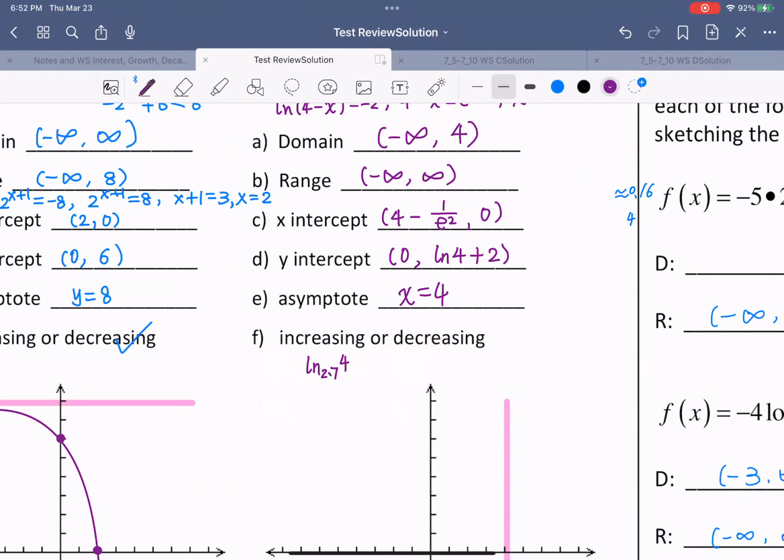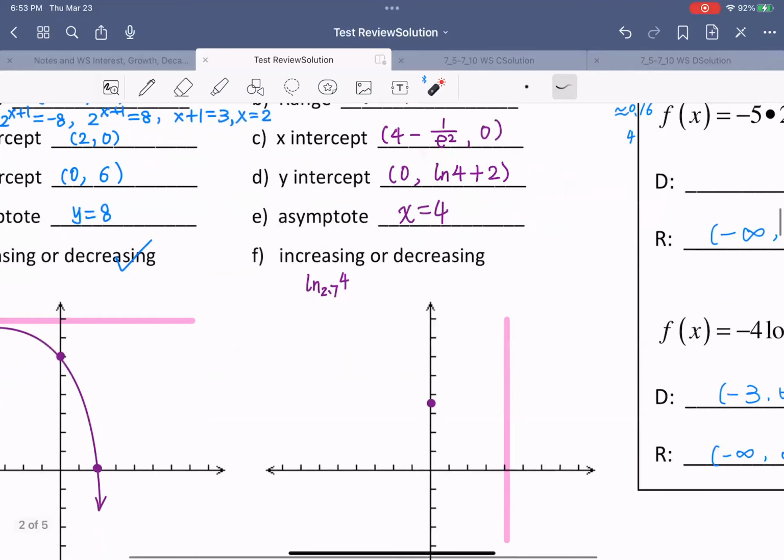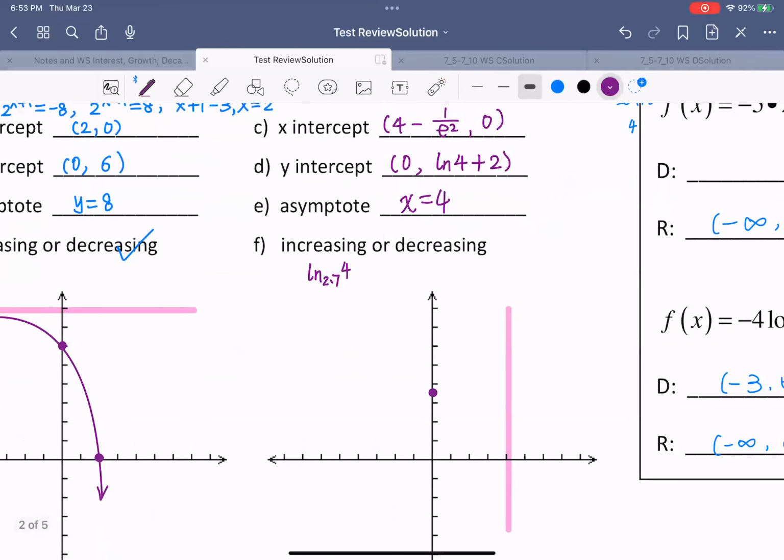So you choose a point between 3 and 4, roughly over there. And then the x-intercept. You treat e as 2.7, or you can treat this as 3. 3 squared is 9, so 1 over 9 is about 0.1. And 4 minus 0.1 is roughly 3.9. So you will mark an x-intercept at around 3.9.